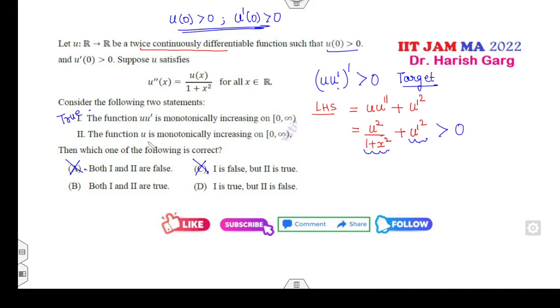Now look at the second option, u is monotonically increasing. So what is your target? u dash must be greater than 0 on 0 to infinity. How can you think about u dash? Again, very simple.